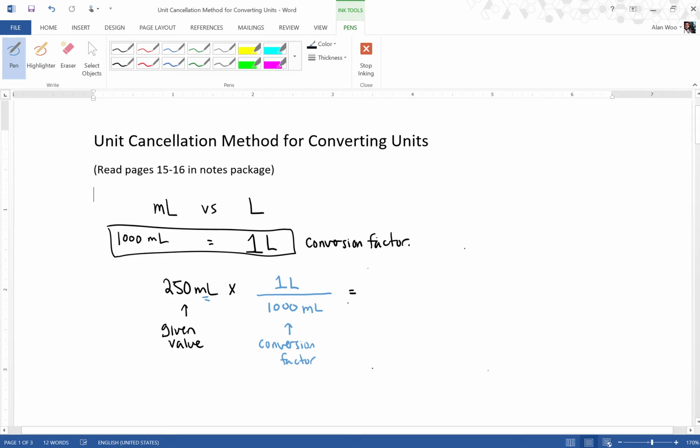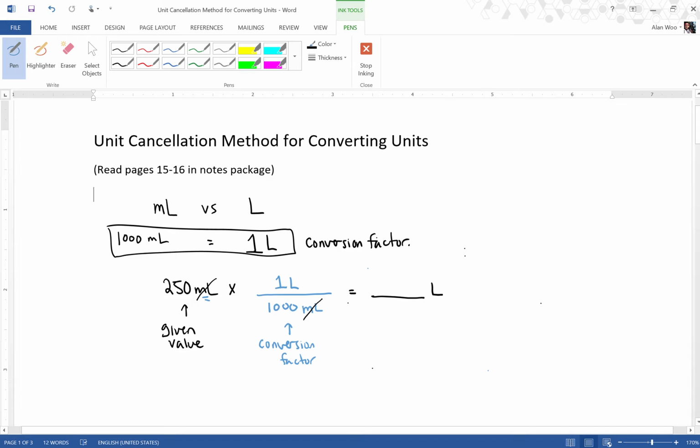Every time you set it up so that you can cancel out milliliters, or whichever unit you don't need, the one that you want, your desired unit, should be in the numerator at the top, so that when you do this, the only unit that you are left with is liters. So what we're really doing here is taking 250 times 1 divided by 1,000.